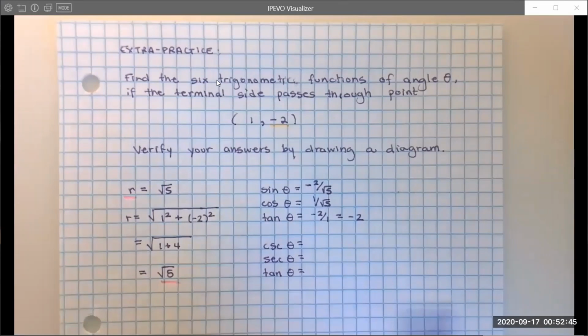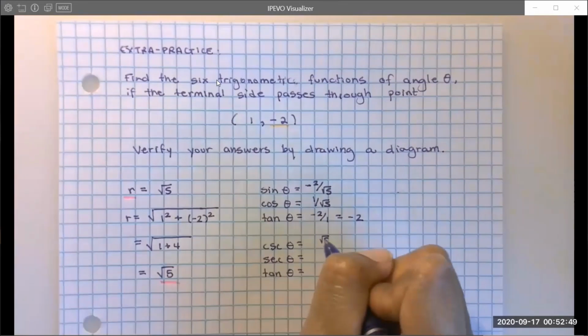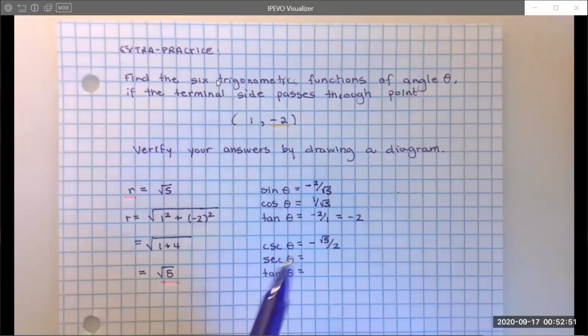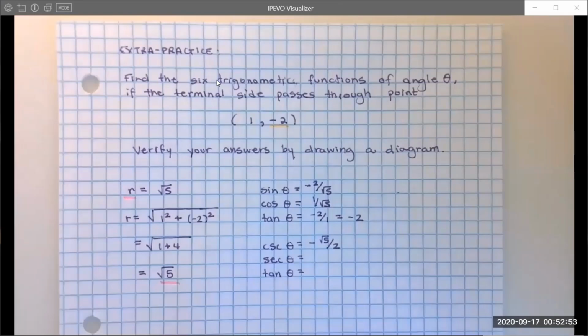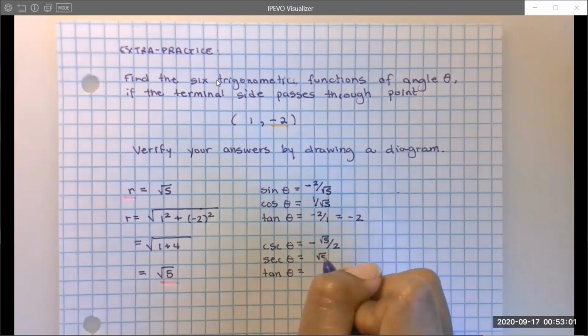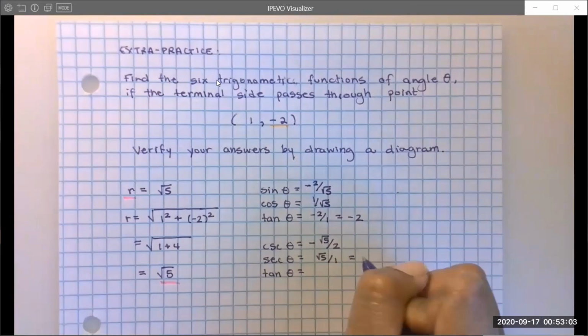Radical 5 over 2. And let's not forget about the negative, because we did have that negative 2 over radical 5. How about secant? Radical 5 over 1, and that'll simplify to radical 5.